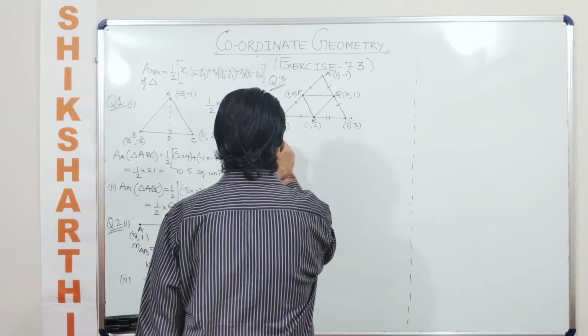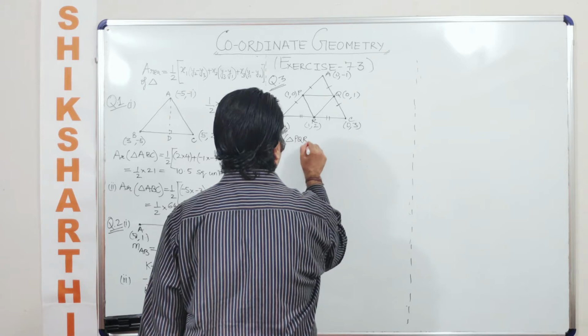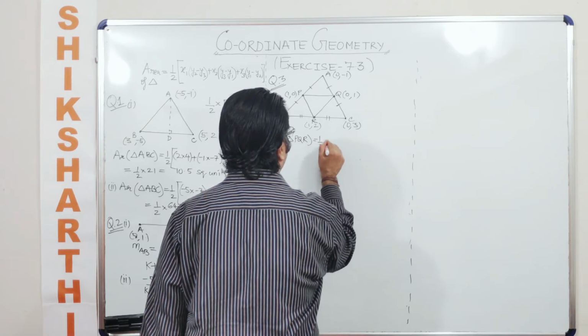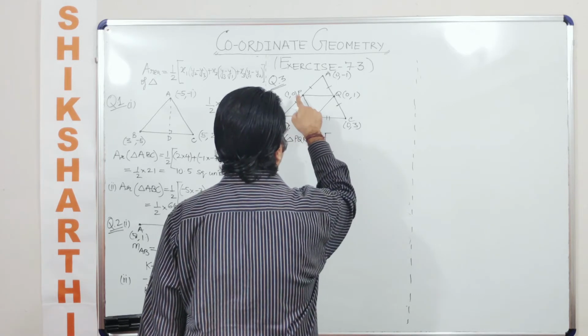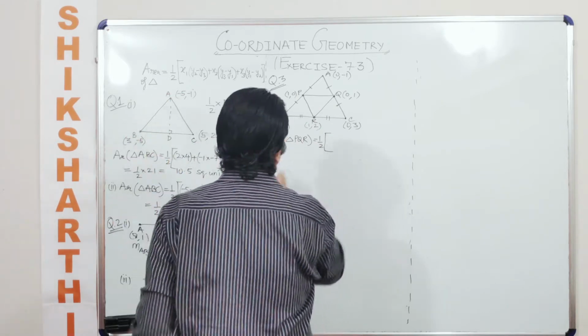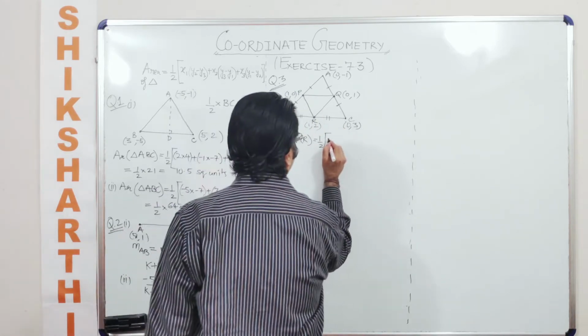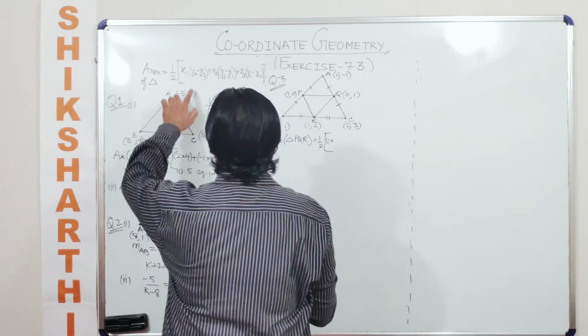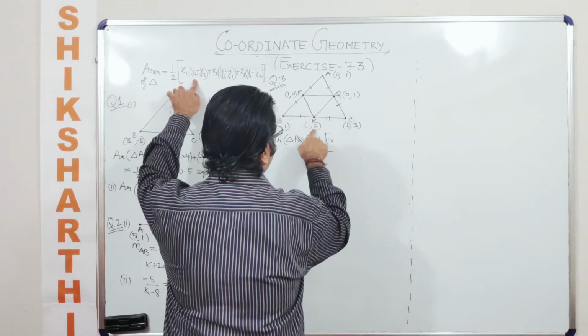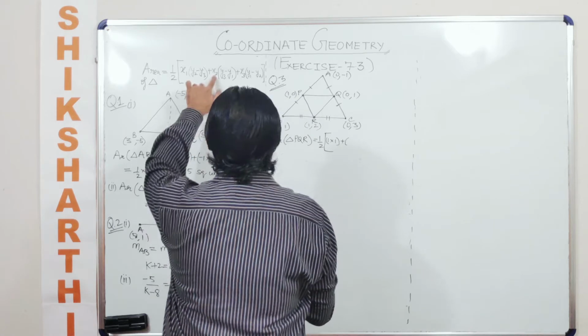Now you can use the formula and you can say that the area of the triangle PQR is equal to half of, and we'll use x1, x2, x3. Here also we said x1, x2, x3. We could have taken it this side also, doesn't make any difference. So x1 is 1 multiplied with y2 minus y3, which is 1 again, plus, now we have x2.